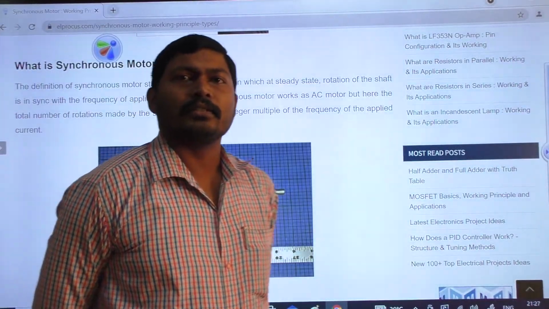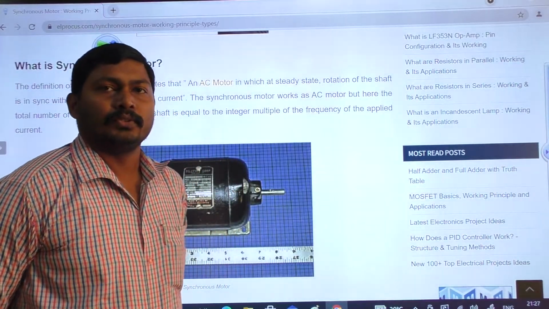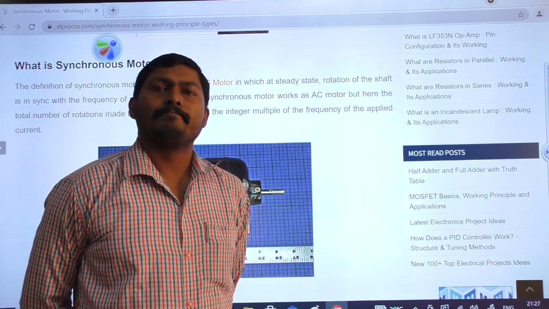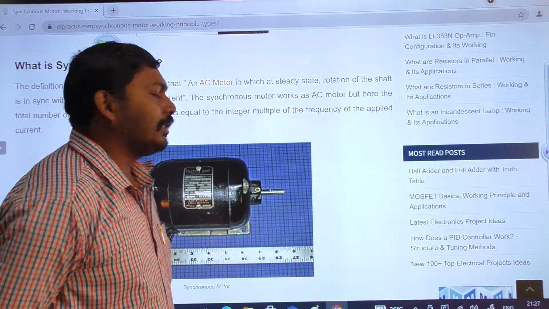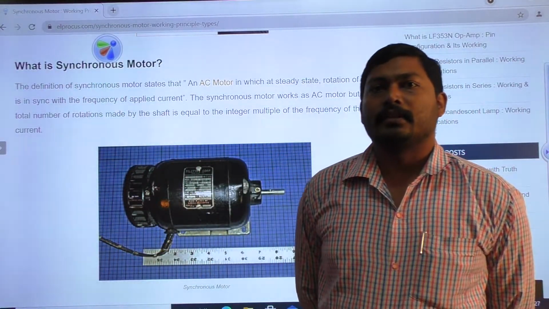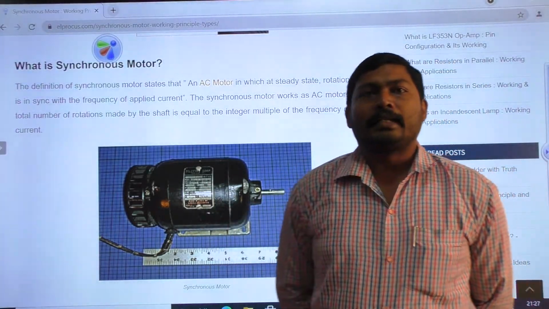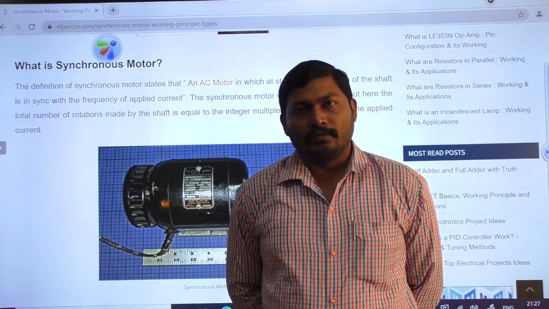Now the rotor, which has not yet been excited, has to be excited by a DC source. The stator will be excited by an AC source, the rotor will be excited by a DC source, but not simultaneously. First we have to excite the stator part. After exciting, it will produce revolving flux.